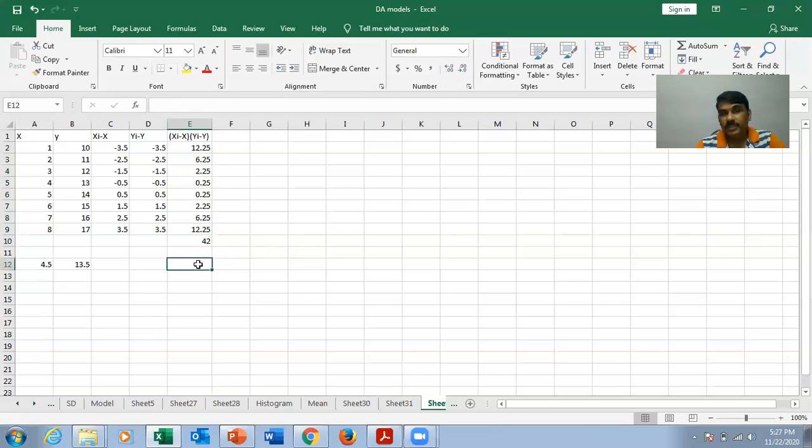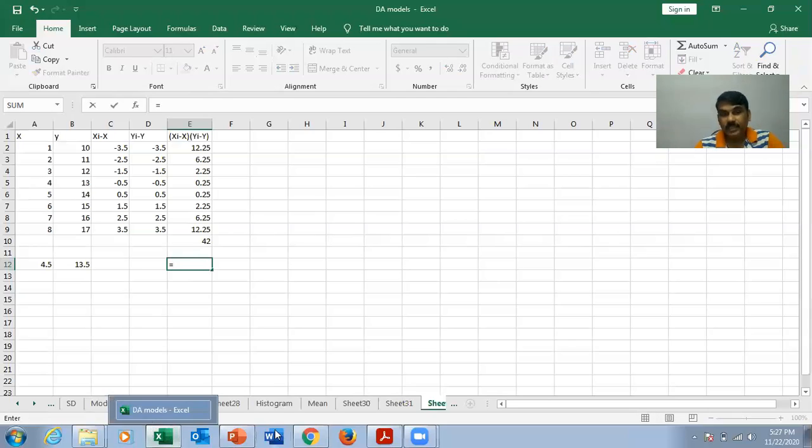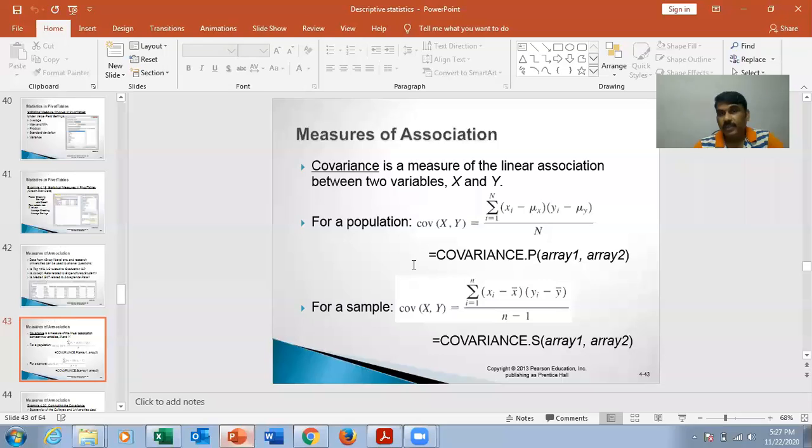Now what is the formula here for the covariance? The formula is the summation of xi minus x bar, yi minus y bar, divided by n minus 1. N minus 1 means whatever the number of items is, minus 1.